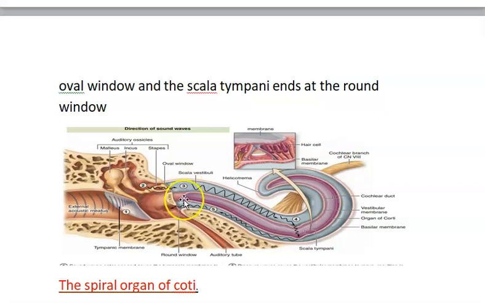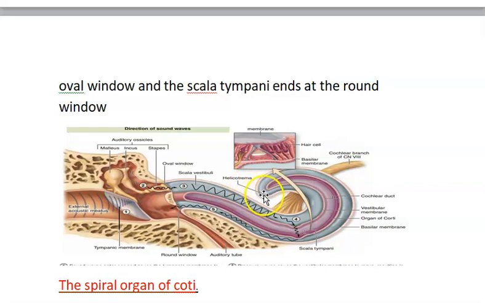Now, these two scalas are meeting with each other at the what? At the apex of our cochlea. And where they meet, there are openings known as the helicotrema.